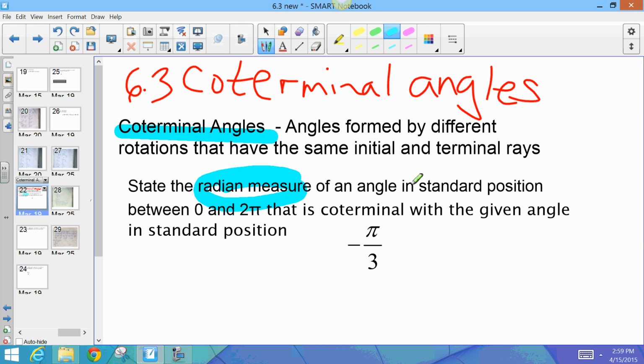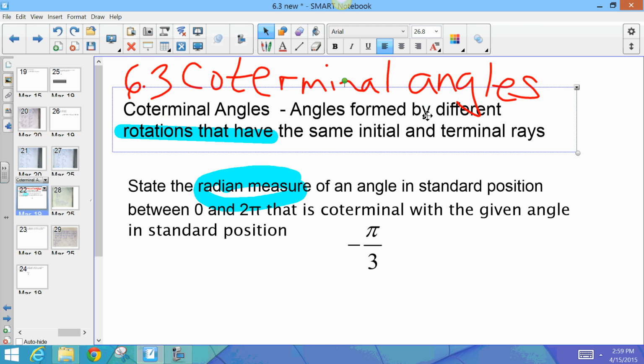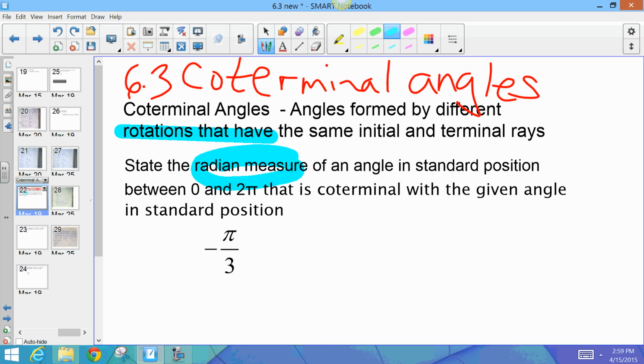The angles are both going to be given to you in radians, and your answer has to be in radians, okay? The directions also say that we need a coterminal angle that's between 0 and 2 pi.